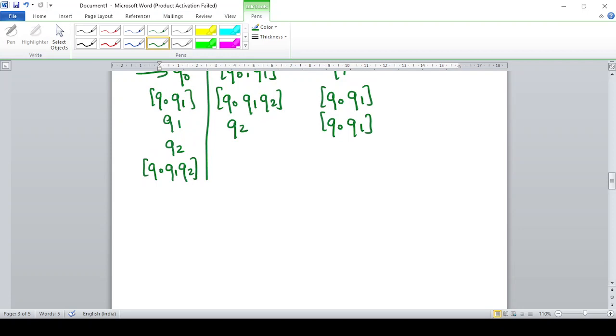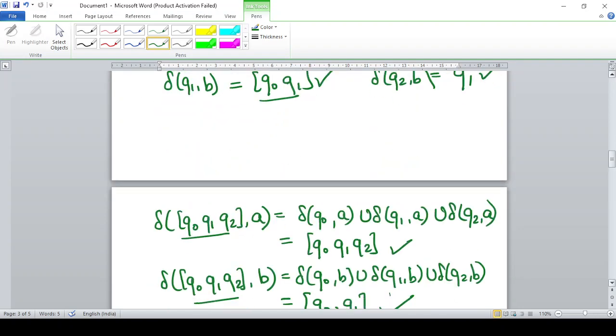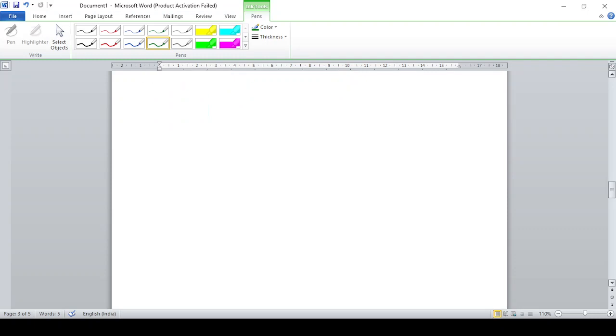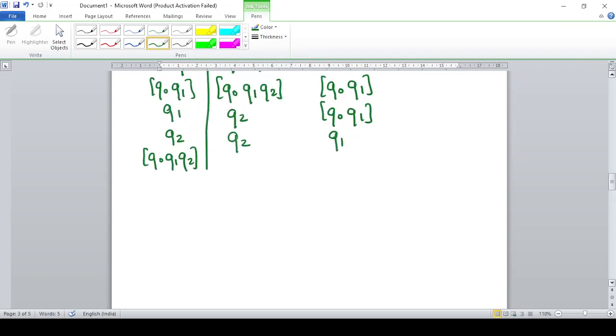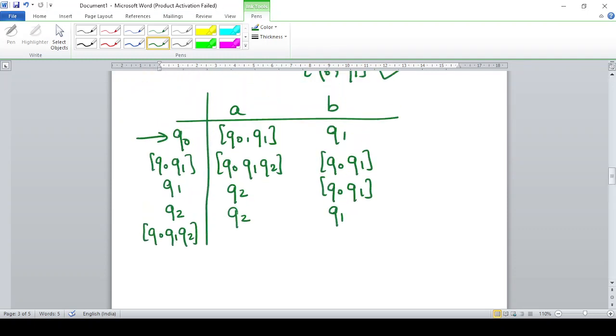So you will write Q2 and Q1 over here. Then Q0 Q1 Q2 for input symbols A and B, you are getting Q0 Q1 Q2 and Q0 Q1. So you will write here Q0 Q1 Q2 and Q0 Q1.